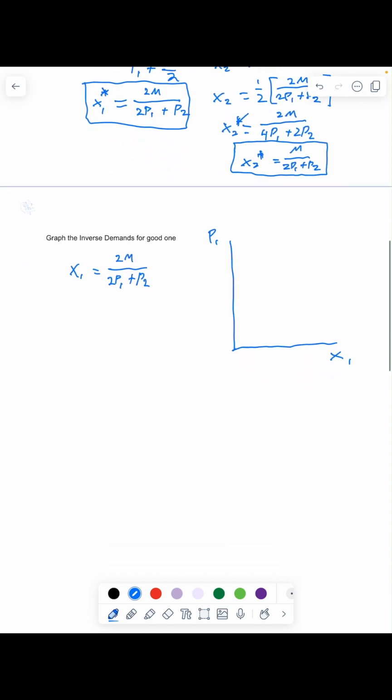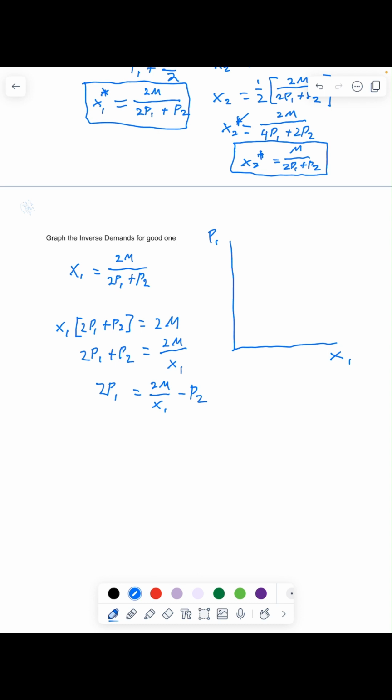Now we want to isolate P1 so that it's independent, and we can start by multiplying both sides by 2P1 plus P2, and then divide, and then subtract, and then lastly, divide everything by 2.